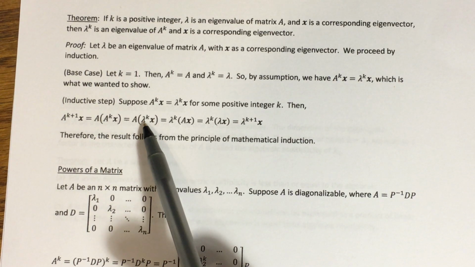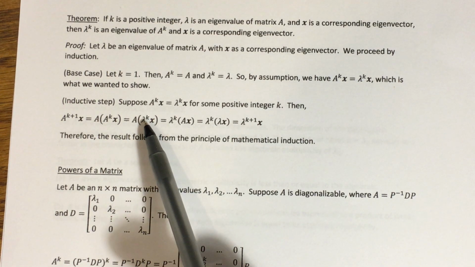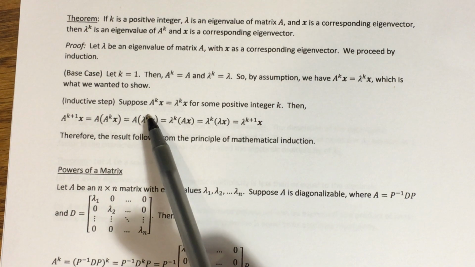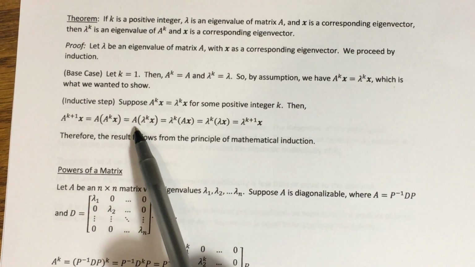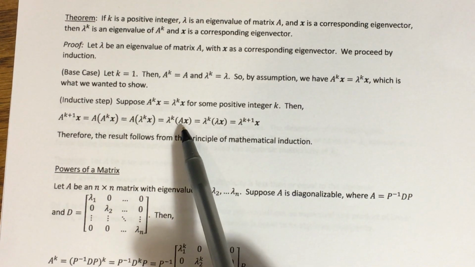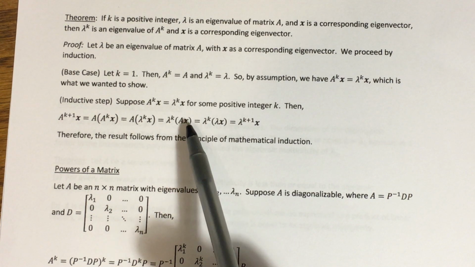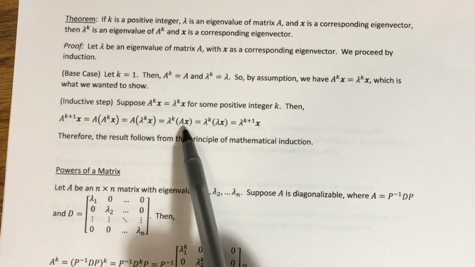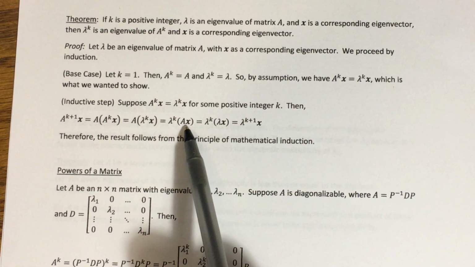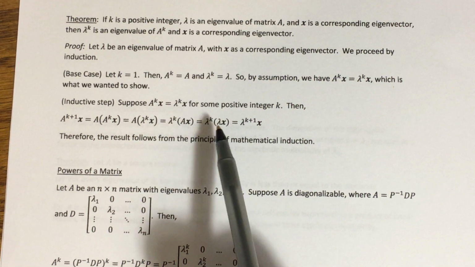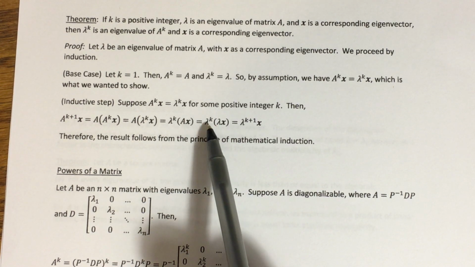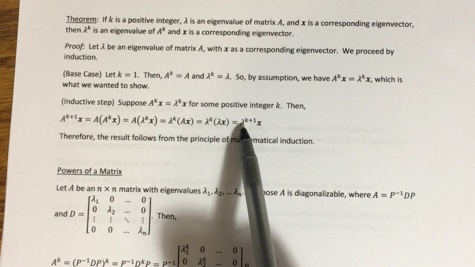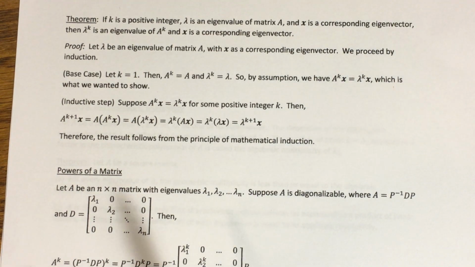Now I can use the fact that lambda to the k is a scalar, and use that property of homogeneity to bring the scalar out and the A in, so basically just reverse the order of these two. So now I have lambda to the k times Ax, but again, even before the inductive step, we made the assumption that lambda is an eigenvalue of A with x as its corresponding eigenvector. So Ax should be equal to lambda x. Multiplying these two scalars together gives me the end result. So this proves this theorem for us.